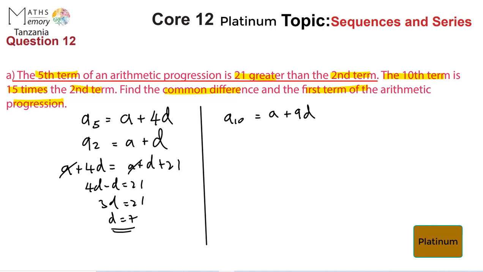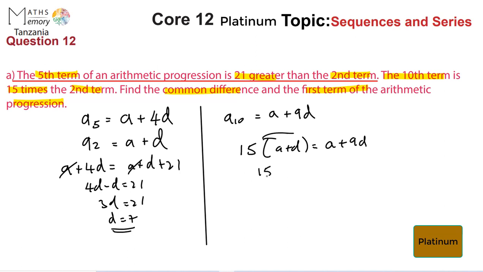So we need to multiply A plus d by 15 to get to this, because that way we make them equal to each other. So 15 times the second term, A plus d, will equal the 10th term, A plus 9d.